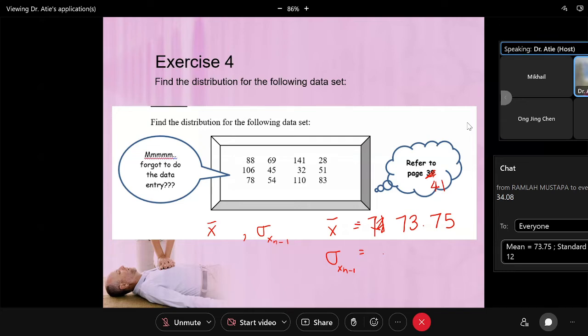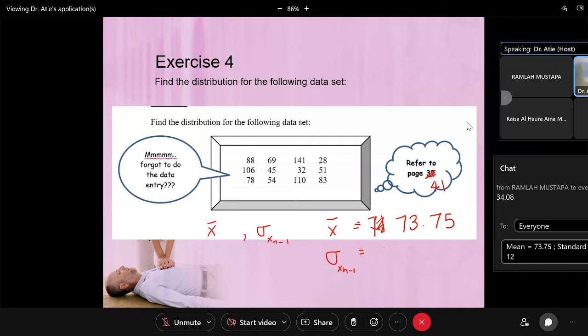Ramla, do you have a calculator with you?